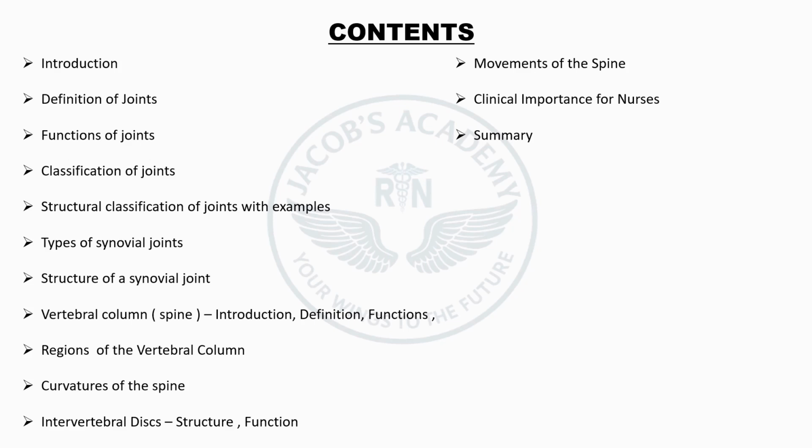Moving forward, we will focus on the vertebral column, its definition, functions, regions, curvatures, and intervertebral disc. We will also discuss the movements of the spine and, importantly, the clinical relevance of this topic for nursing practice. By the end of the session, you should have a clear understanding of how joints and the spine support movement, posture, and safe patient care. Let's begin.